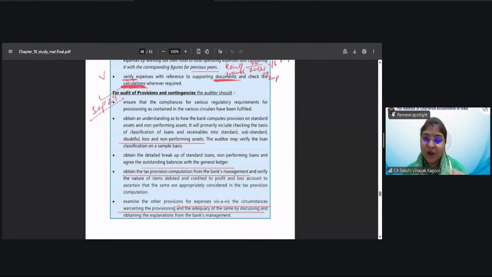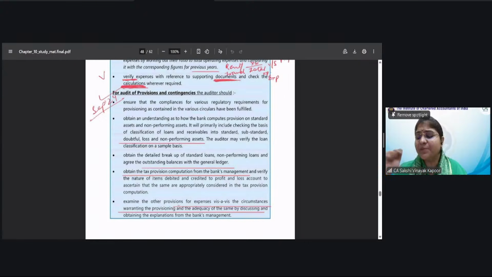Provision made for rent payable for the month of March is this much. How will you cross check it? You will cross check with the rent agreement. You open the rent agreement and you see whether the provision is made as per it or not. Okay, so the rent agreement will provide for what provision will be made, so that you have to check with the provision made in the books of accounts of the bank.